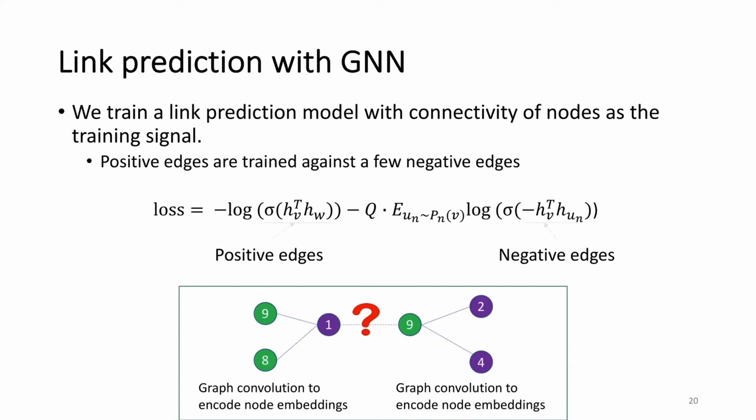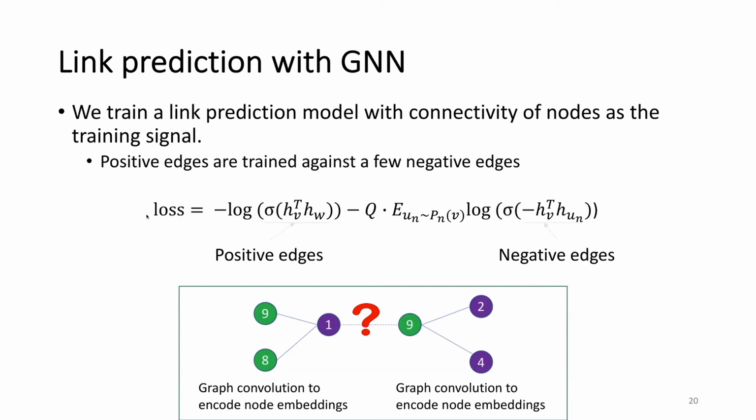Then for the nodes involved in the positive edges and the nodes involved in the negative edges, we compute their GNN-based embeddings, compute the associated dot products and the sigmoid of the dot product, and then optimize the loss function defined over here, which encourages the positive edges to have a high score and the negative edges to have a low score. Again, this is the end-to-end loss function.